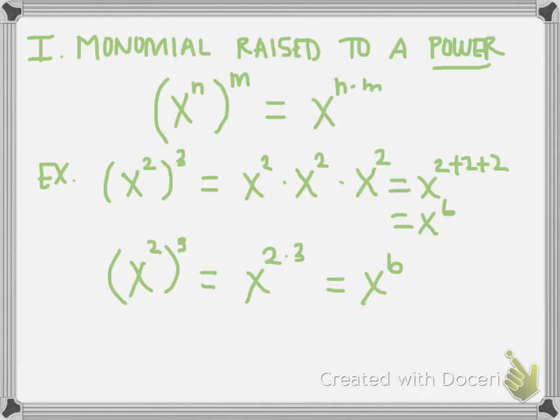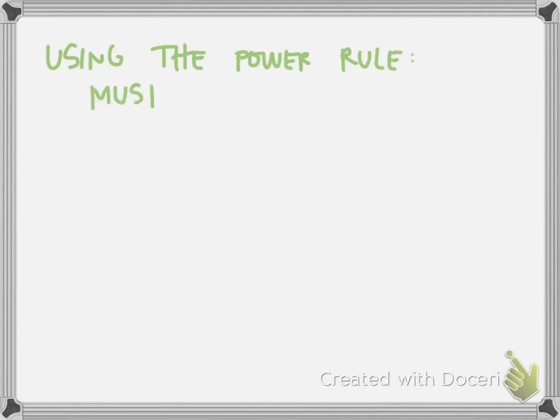Okay, so inside this parentheses, it would have to be bases multiplied together to be able to use this rule. So it must be bases multiplied together.